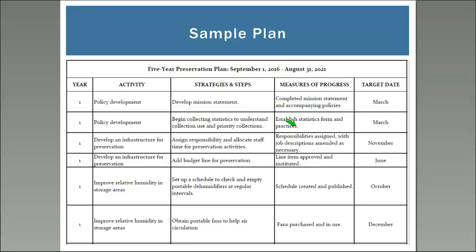And then there are specific measurements of success, so you'll know that you actually succeeded in that strategy. And then a target date. You could add a column here for budget and maybe prospective source of funding.